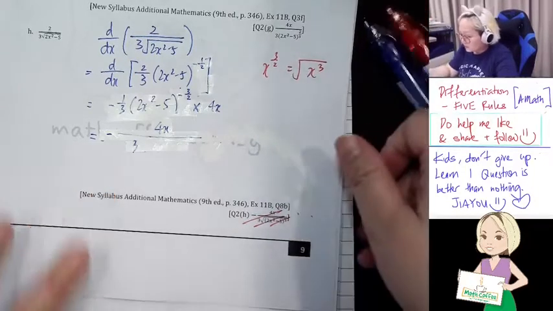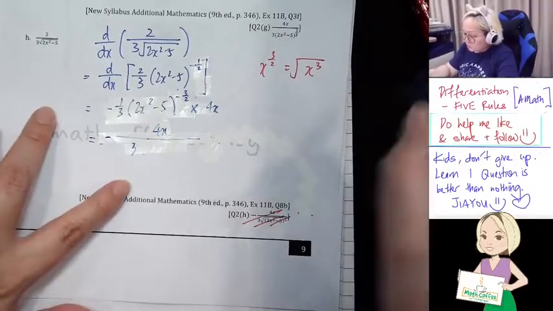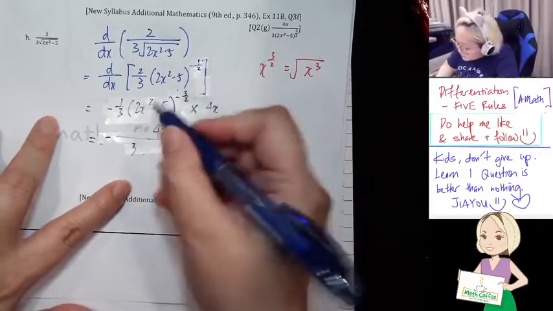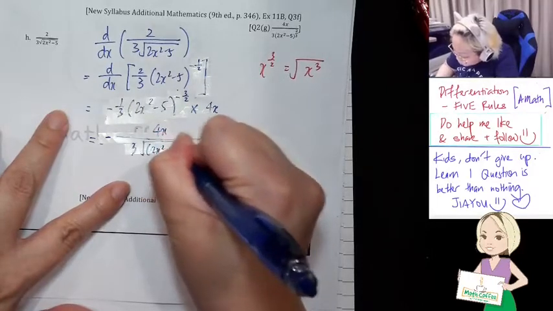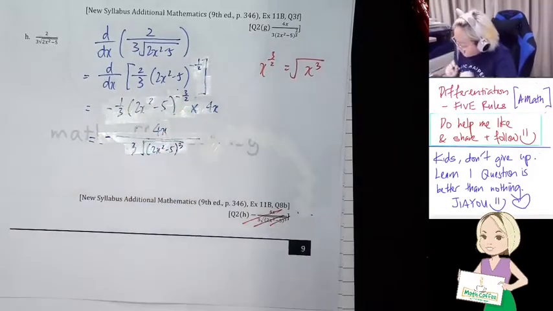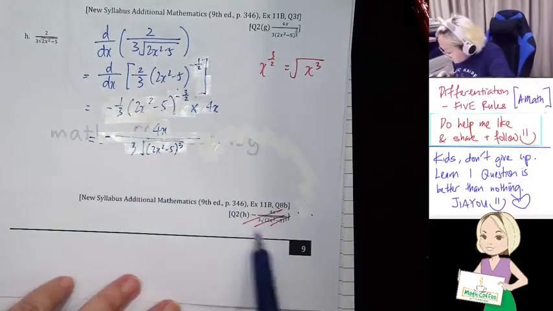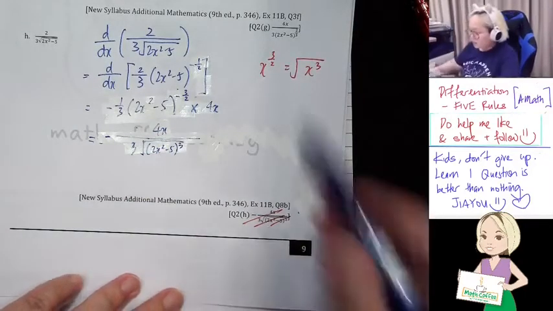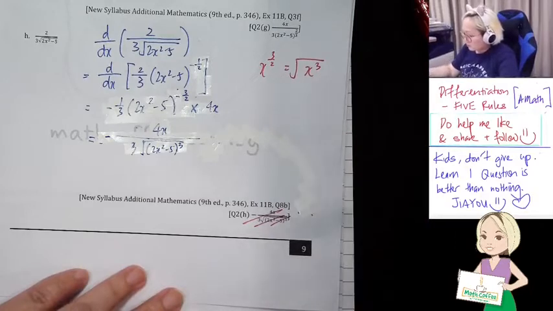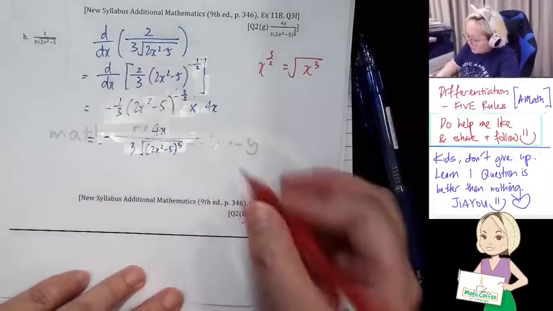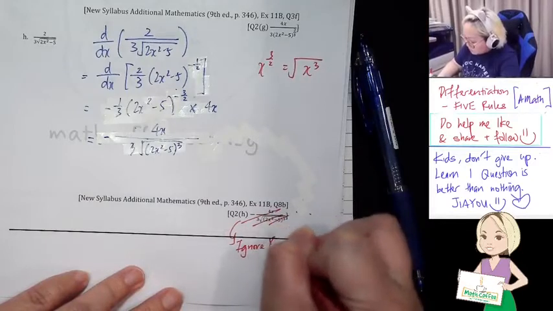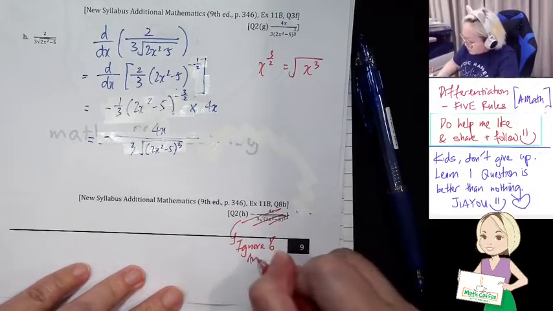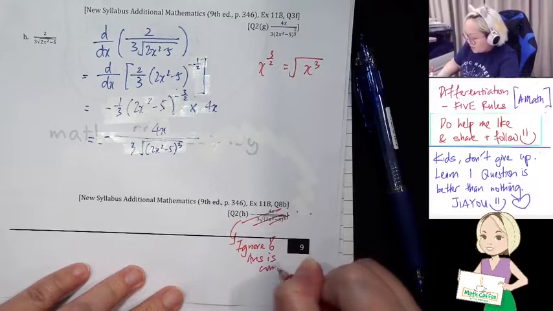Yes, this is differentiation. Okay, so we will write this as square root 2x squared minus 5 cubed. So now is this correct already? Yeah, correct. So this answer is correct.